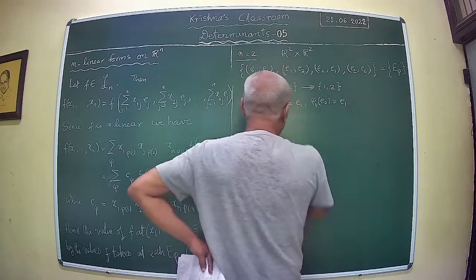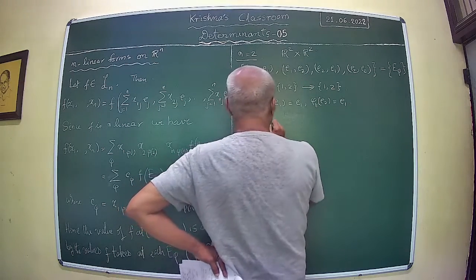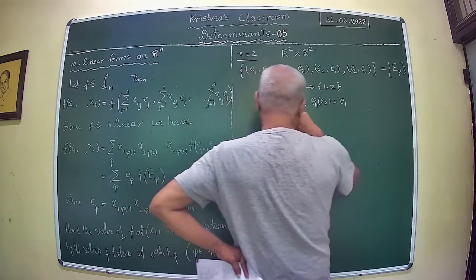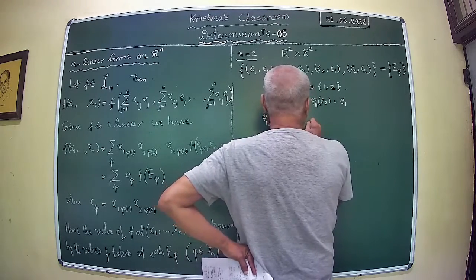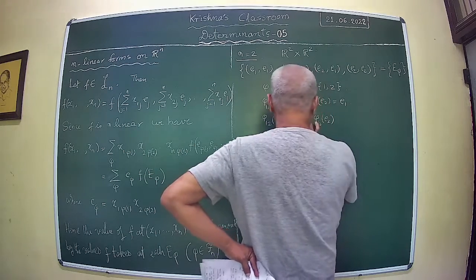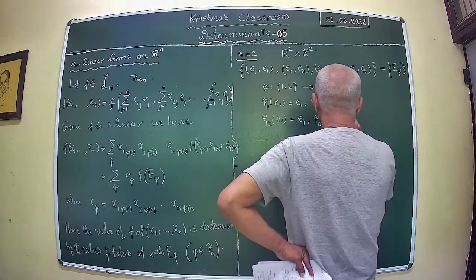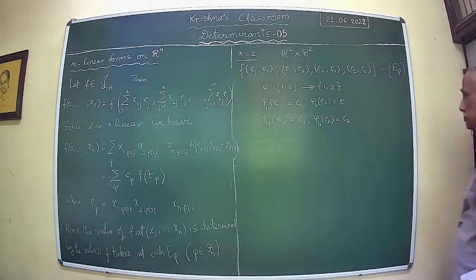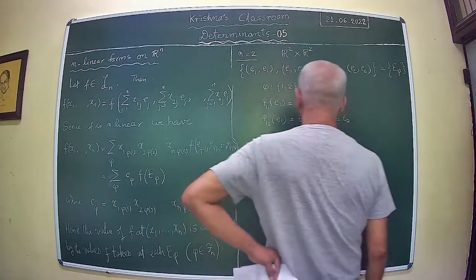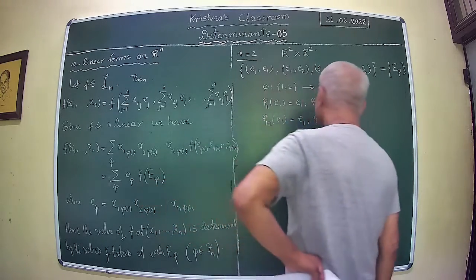This is phi 1 1. Phi 1 2 of E1 I write as E2. So that defines the function phi 1 2.